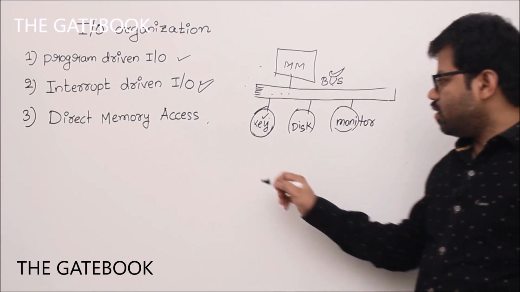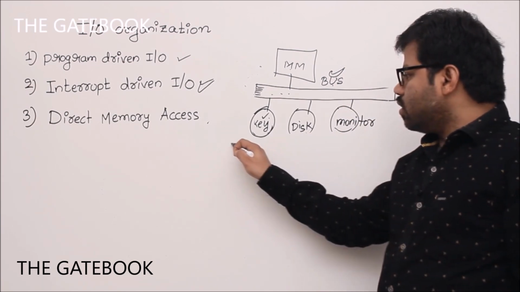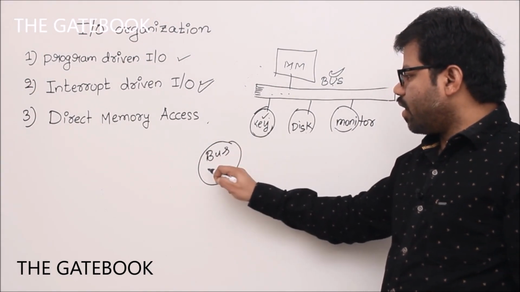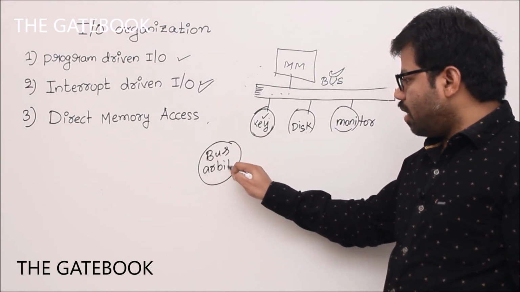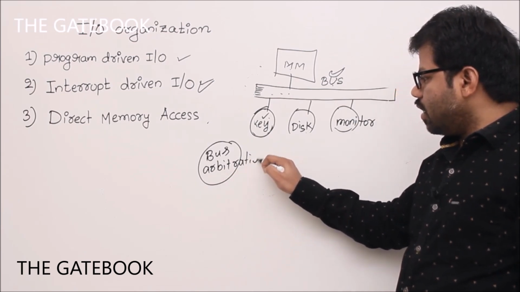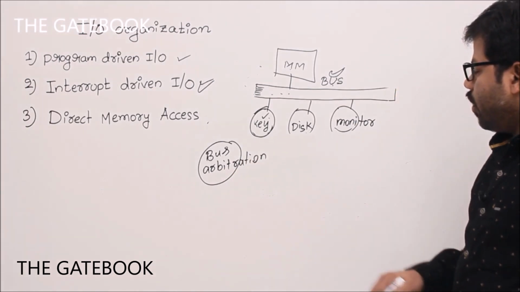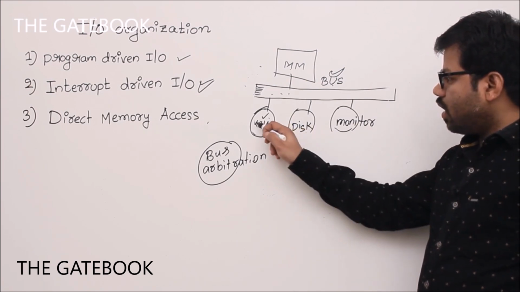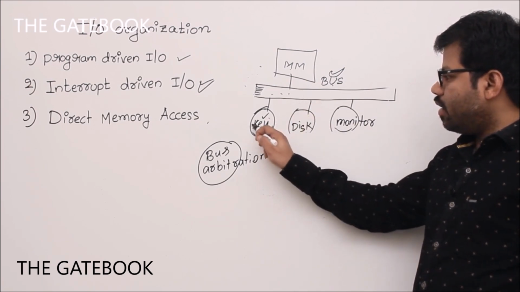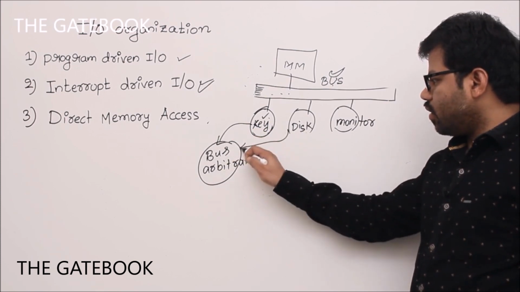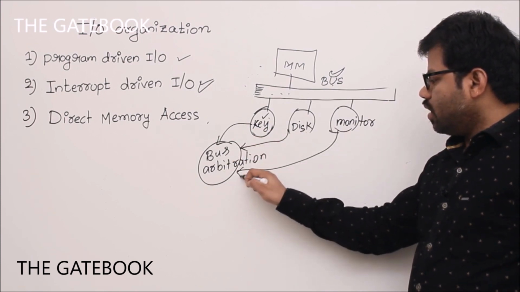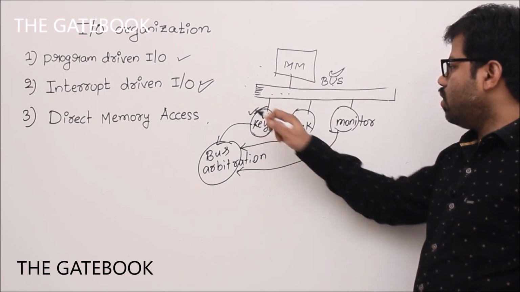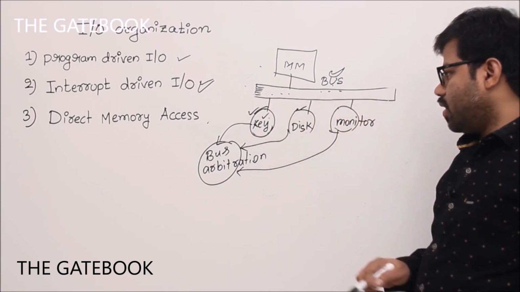To avoid the chaos, there will be a bus arbitration circuit. Remember it. When you have multiple IO devices, to have control over the bus, everyone will send a signal to the bus arbitration circuit. Then this circuit will decide who should use the bus.